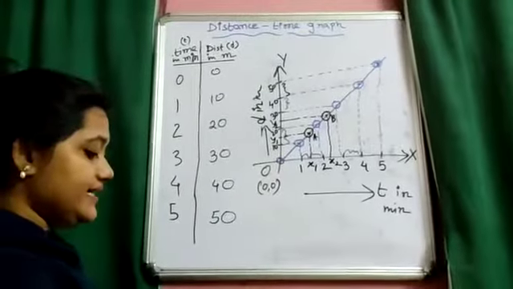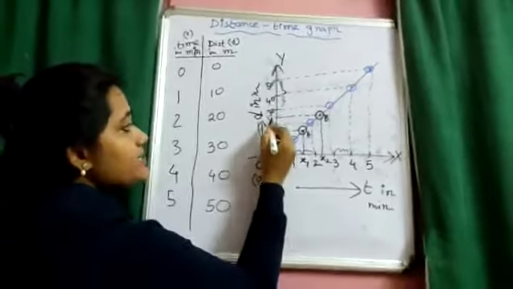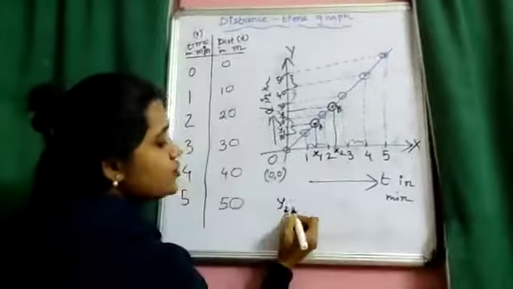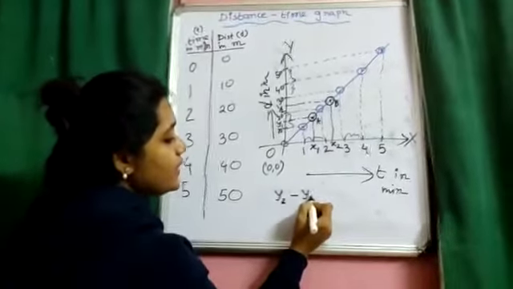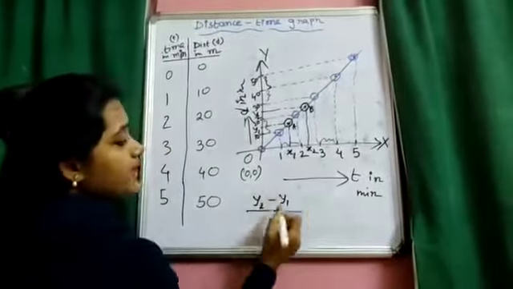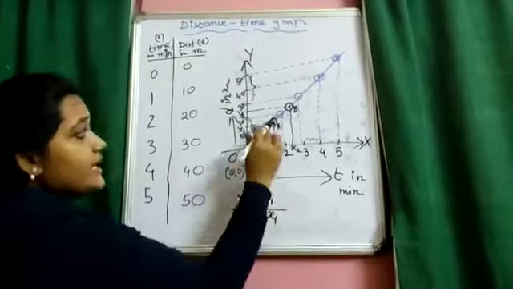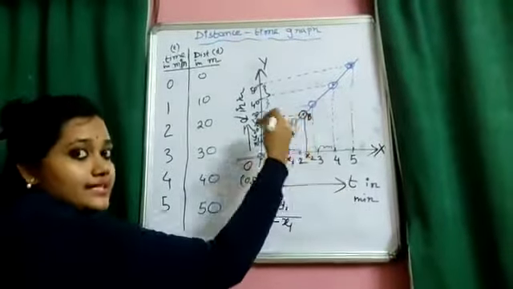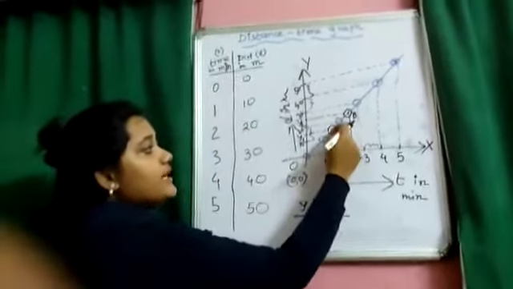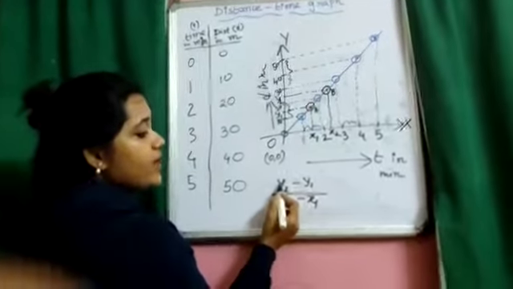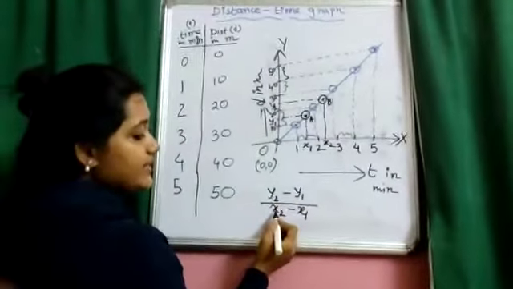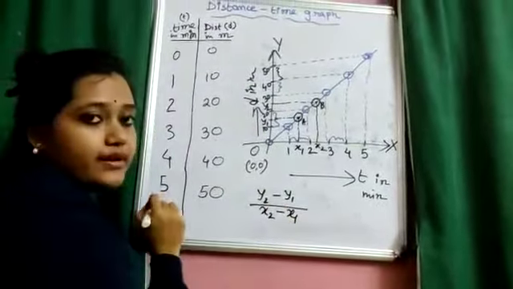I will get it as the general term: final was y2 minus y1 divided by x2 minus x1. That is the coordinate for B, the final one, and the initial one I will take as A. So y2 minus y1 divided by x2 minus x1.